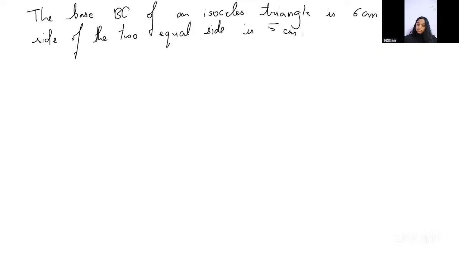Find the perimeter. And then I'll write side 1 and side 2 equal to 5 centimeters, right? Yes. Solve this and tell me what will be the perimeter. Ma'am, what are we finding? Perimeter of this triangle.